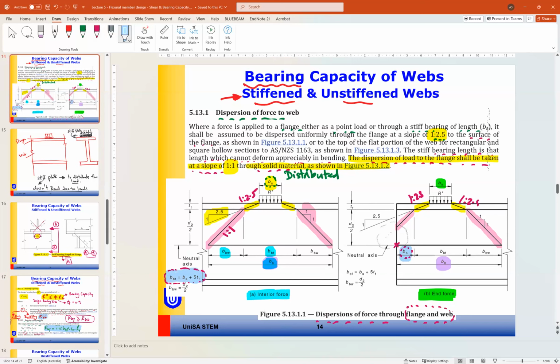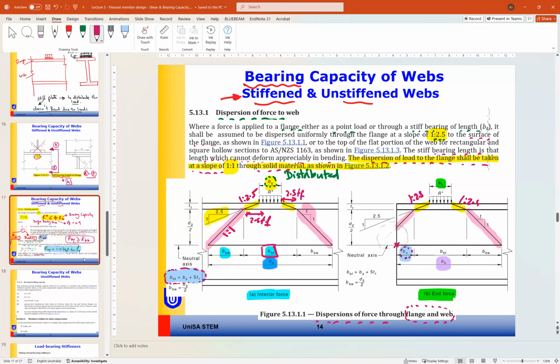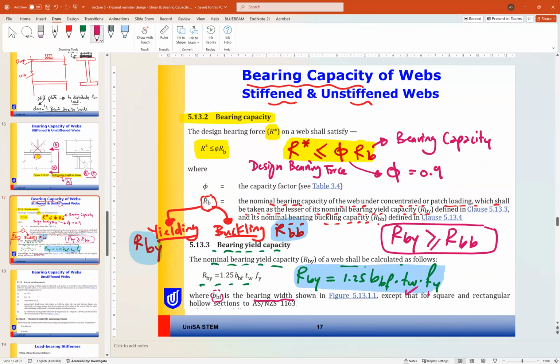This is the value of BBF because we have BS plus 2.5 T flange from left and 2.5 T flange from right. So BBF equals BS plus 5 TF. TW is the web thickness, F yield is the yield stress. So again, here BBF is BS plus 5 T flange.